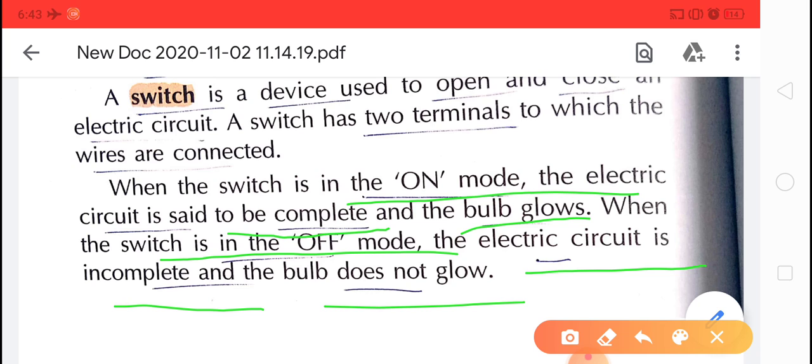But those electric circuits that are incomplete, in which the switch is in the off mode, the current will not run, and this is called incomplete.